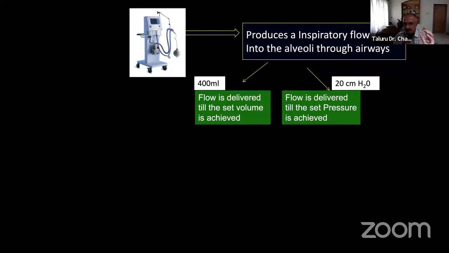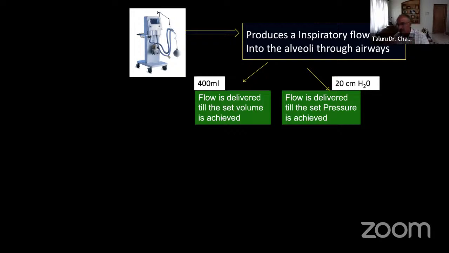See, we anesthetized a patient, we were giving 400 ml, there was a positional change. We have put him in a reverse Trendelenburg position. Now, will 400 ml go? Definitely 400 ml will go. If the plateau pressure was around 11 when he was supine, now the plateau pressure may go up to 15, 20. So irrespective of the pressure change, volume will be delivered.